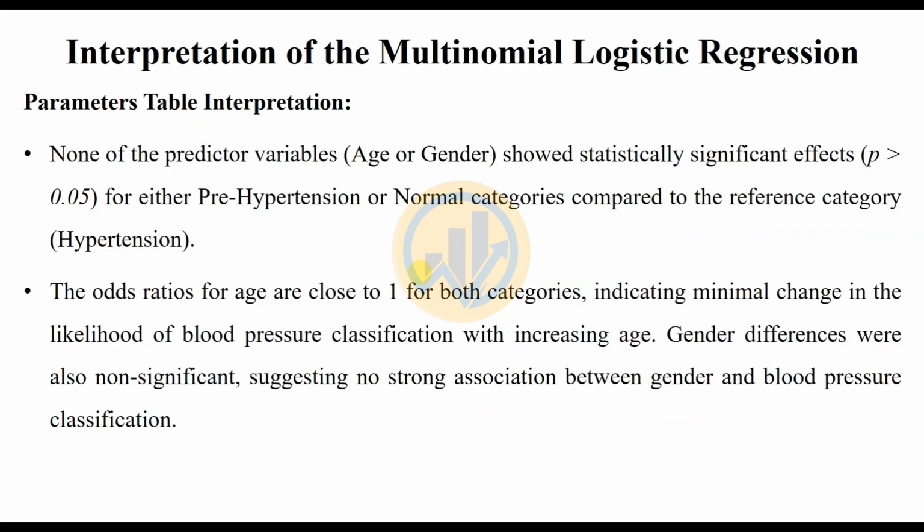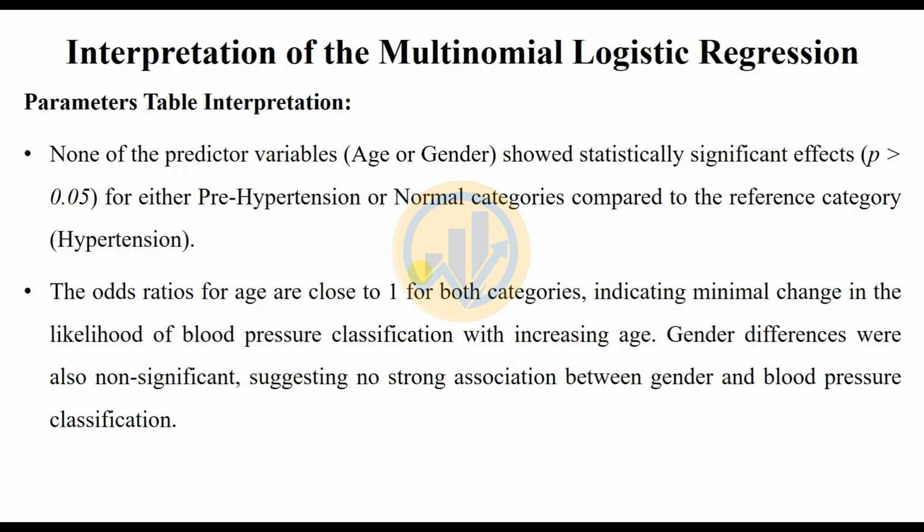So the interpretation of the parameter table for multinomial logistic regression: none of the predictor variables, age or gender, showed a statistically significant effect, p higher than 0.05, for either the pre-hypertension or normal category compared to the reference category hypertension.